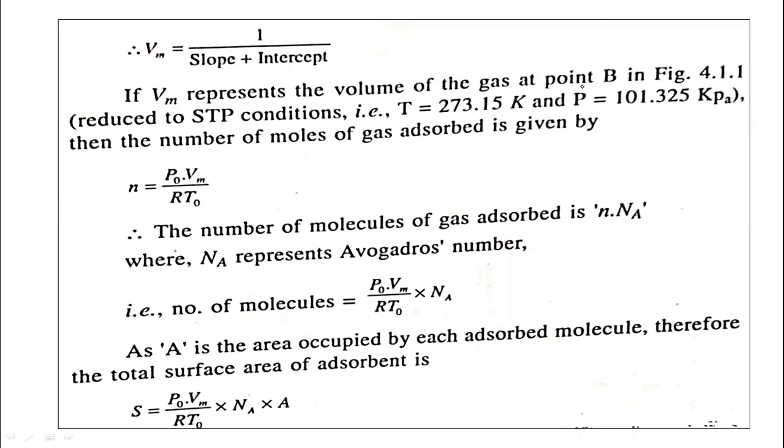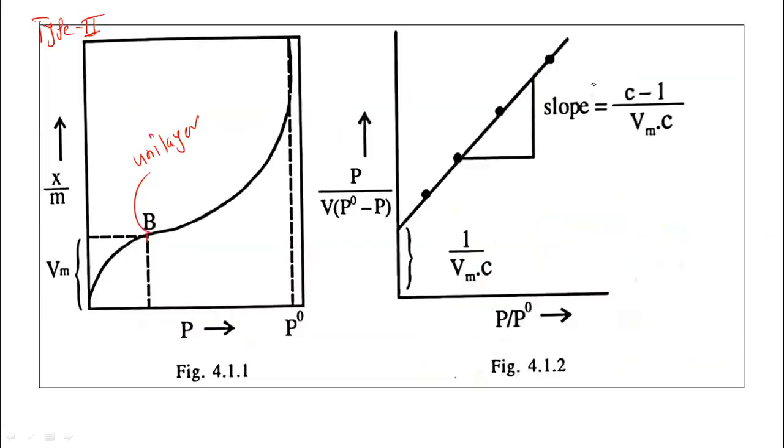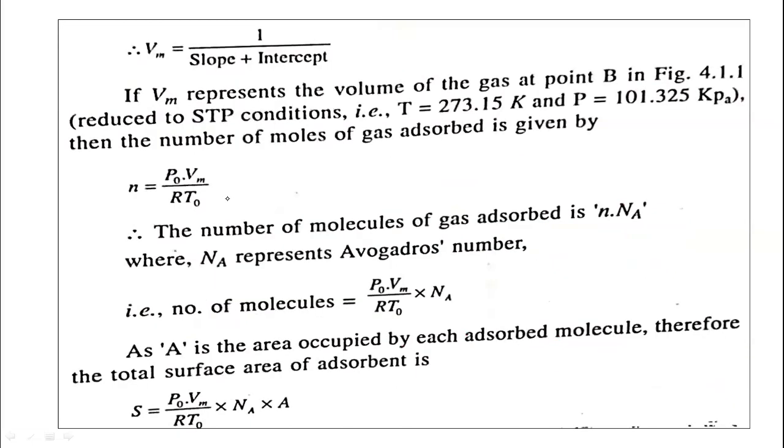Vm represents the volume of the gas at point B. In the graph, Vm is equal to here up to this point B. Up to the point B, there is a formation of the monolayer. All the surface area of the adsorbent gets covered, so that corresponds to Vm in that graph.